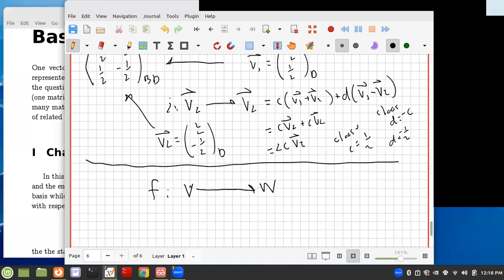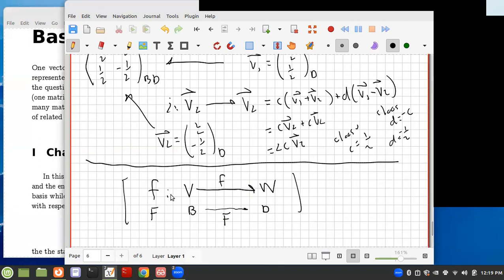And we want to find the matrix F that also takes us from basis B to basis D. So in some sense, the map takes us from the vectors in V to the vectors in W, and F takes us from the vectors in V in basis B to the vectors in W in basis D. That gives you the same map here. This is what we've been doing all this time, right?